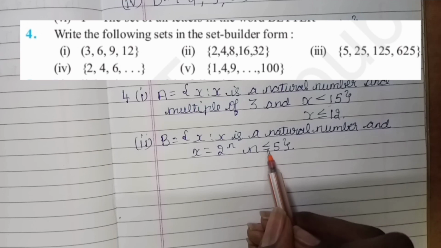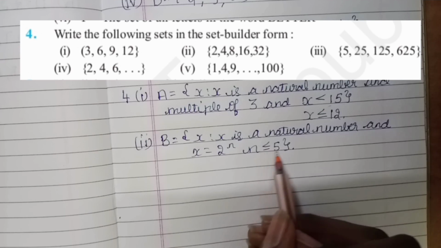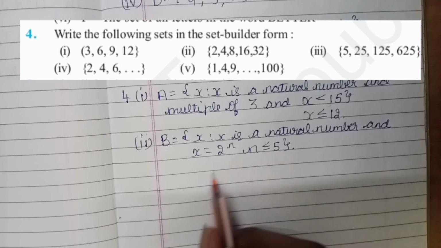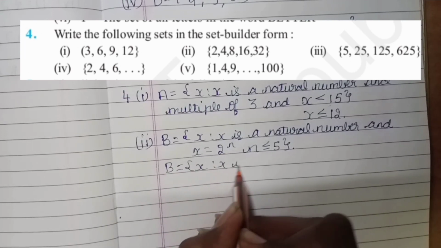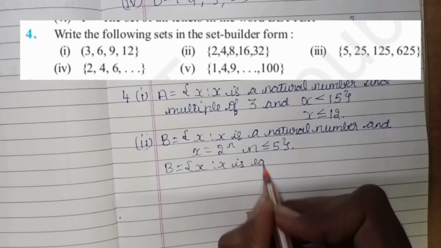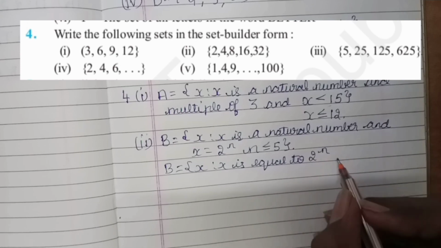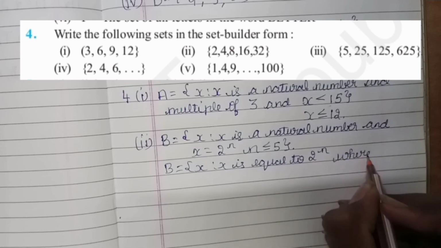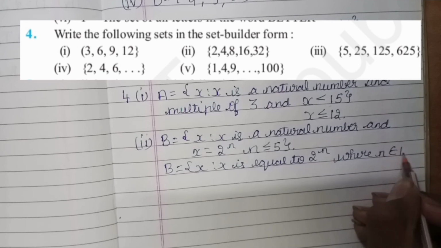They have given 32 is included in the set, so the equality sign is mentioned along with the less than sign. n should be less than or equal to 5. We can also write it as x such that x is equal to 2 to the power of n, where n belongs to capital N.